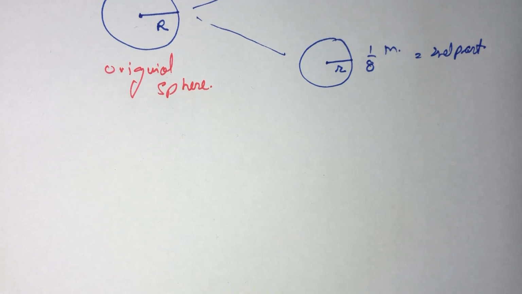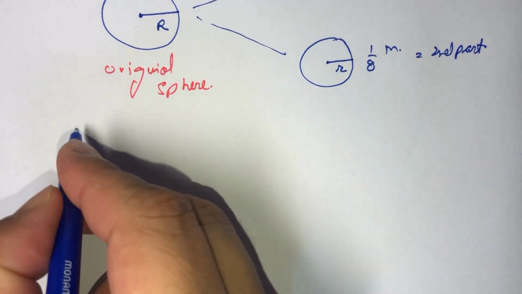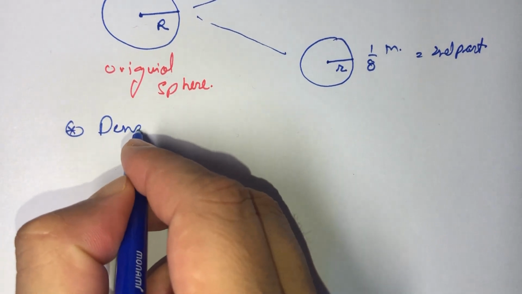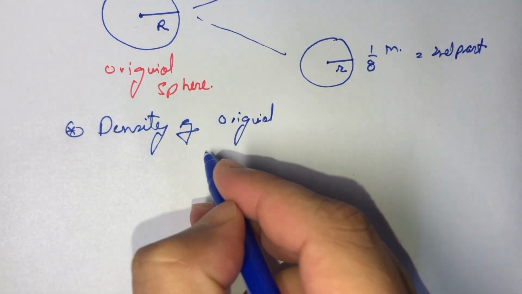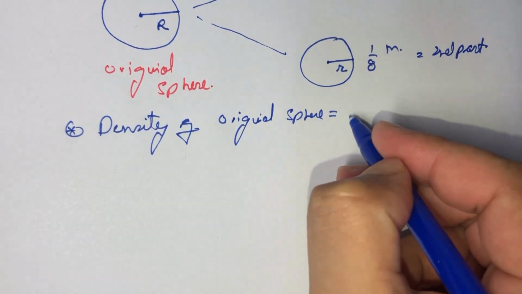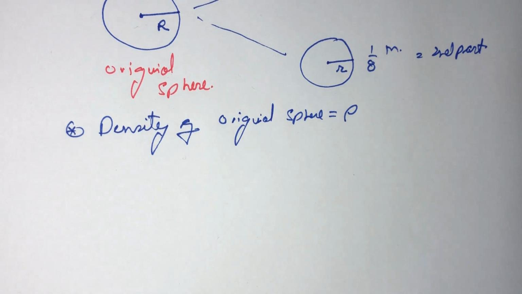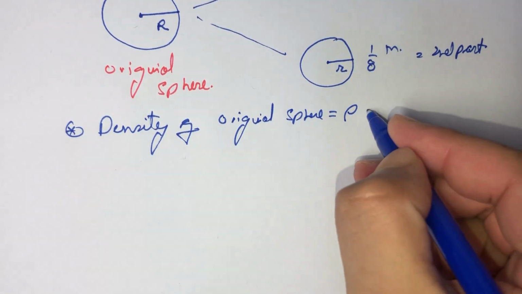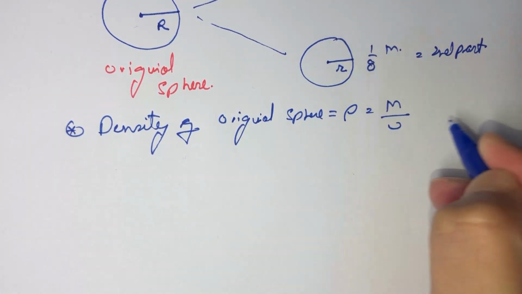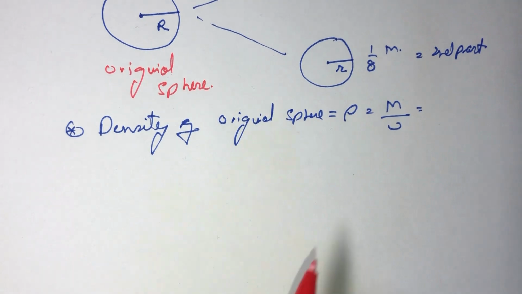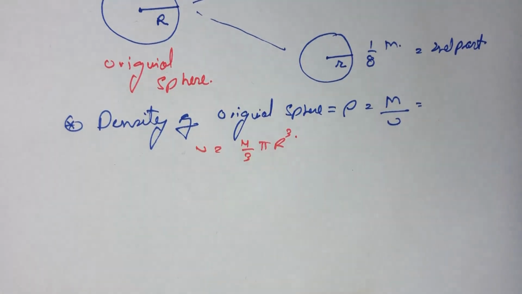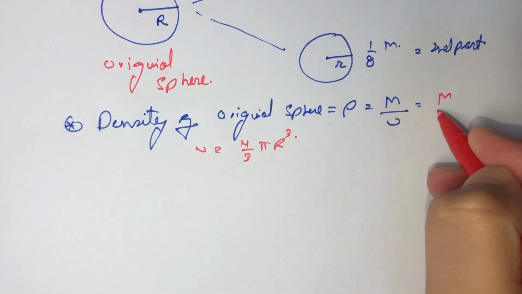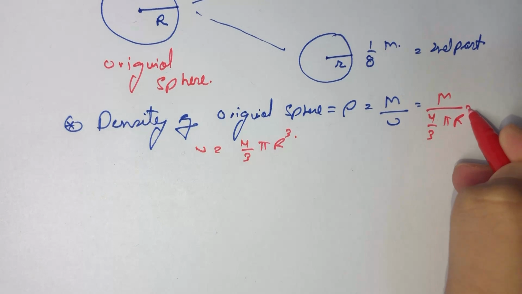We consider that the density of the original sphere is rho, and therefore rho will be equal to the mass divided by its volume. Volume will be equal to 4/3 pi R cube. So if we substitute it here, we get m divided by 4/3 pi R cube.